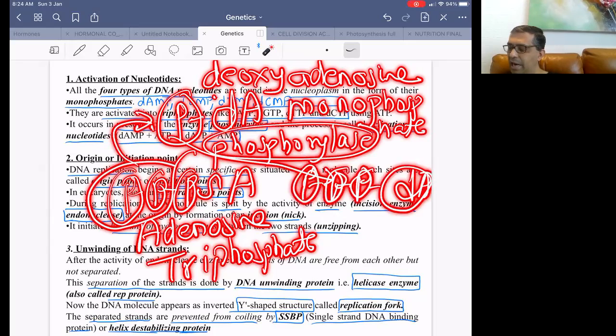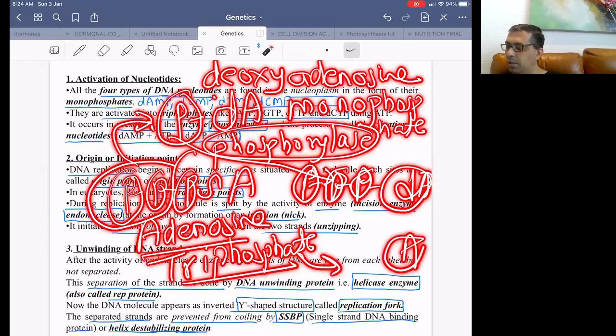And adenosine triphosphate becomes adenosine monophosphate. So this becomes deoxyadenosine triphosphate, and this becomes adenosine monophosphate.